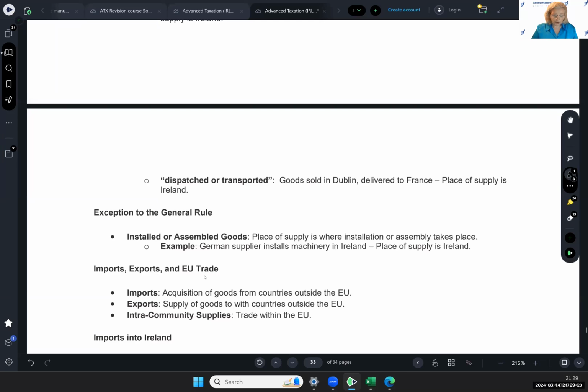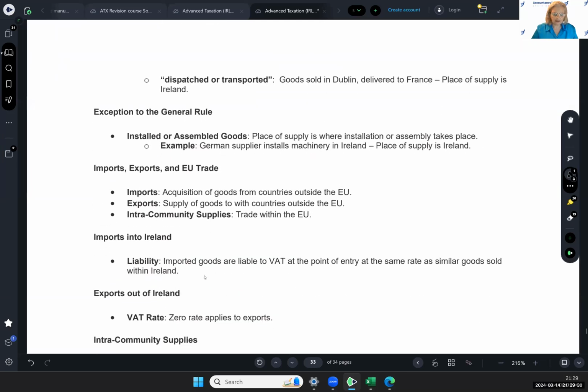For cross-border trade, it's important to understand, again, the terminology that we use in VAT. It's not the same as the layman's language. If I said to somebody, I'm importing goods from France, if they weren't a tax person, they would know that I just buy stuff in from France. They wouldn't care what country I was importing from.